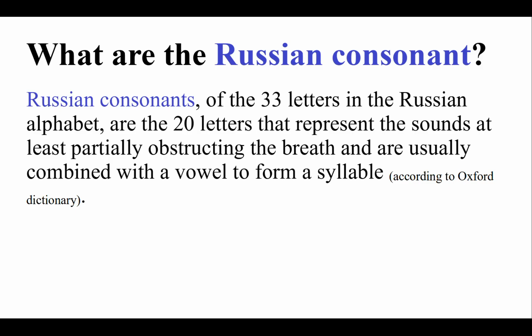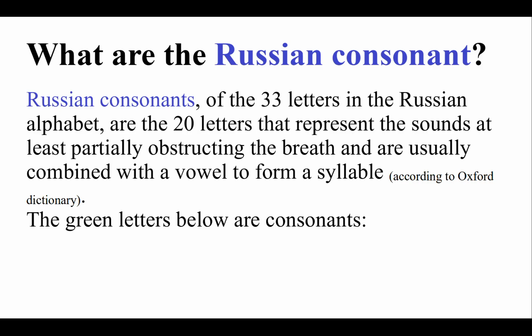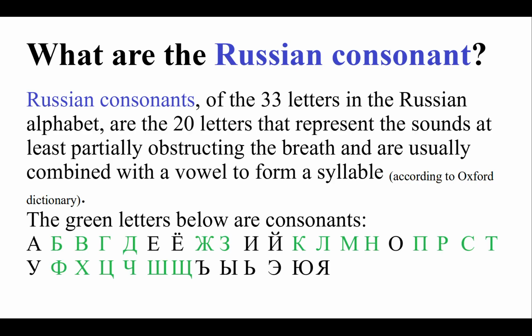To be clear, let me give some examples. The following green letters are consonants, namely b, v, g, d, zh, z, k, l, m, n, p, r, s, t, f, kh, ts, ch, sh, and shch.